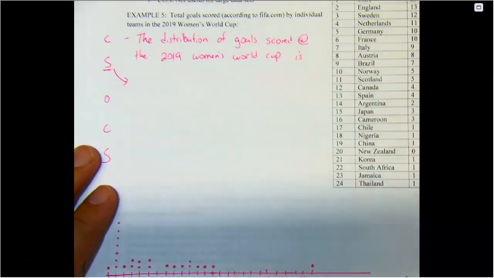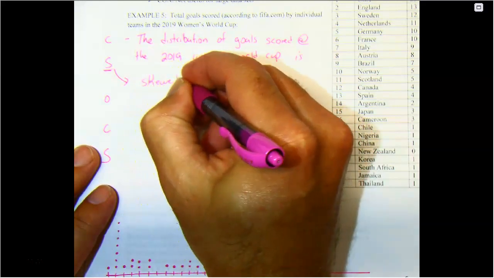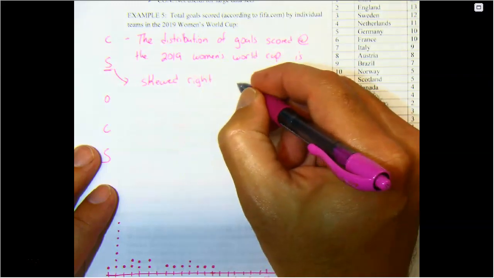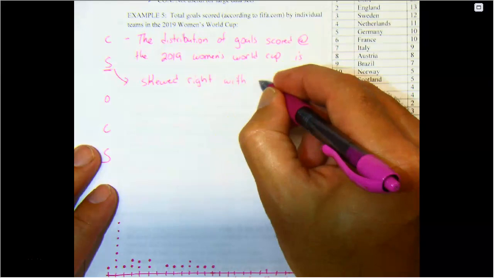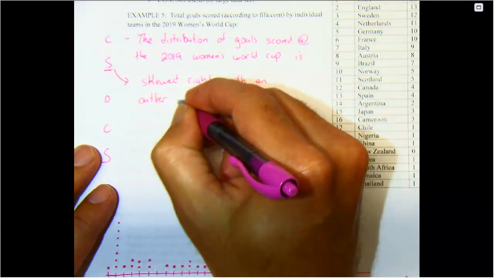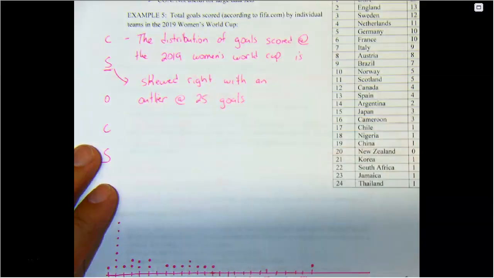So therefore, the distribution is skewed right with an outlier at 25 goals. So we've taken care of the outlier.